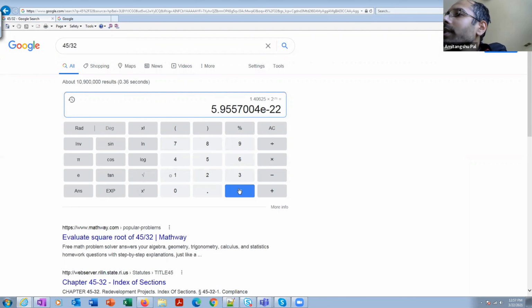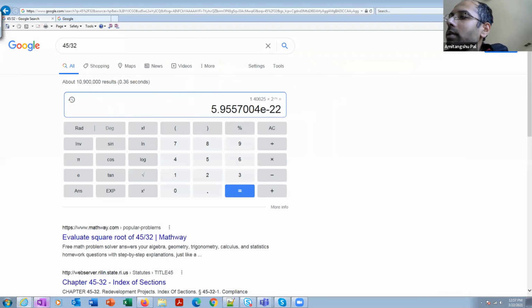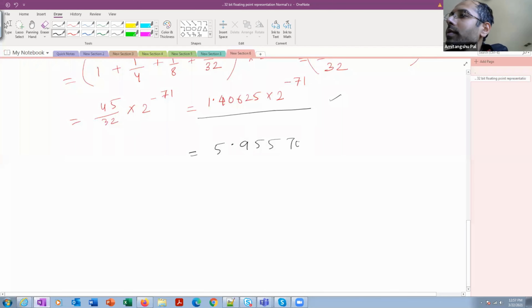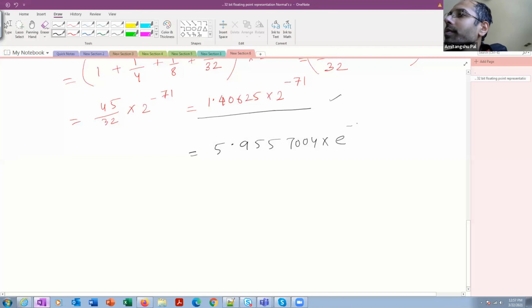So it is 5.9557004 into e to the power, means 10 to the power -22. So this is the corresponding number in decimal. You can write it either in this form or in this form.